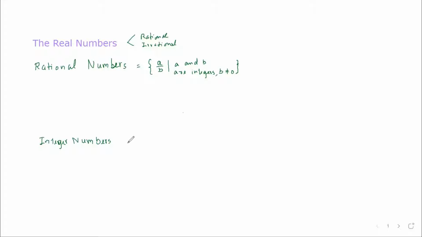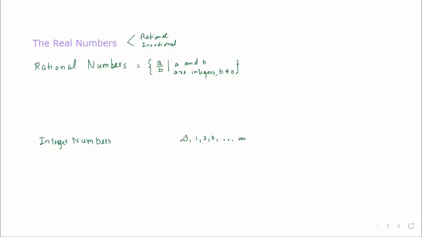The first one is 0, and the positive integers 1, 2, 3, and so on. We use three dots to represent up to positive infinity.